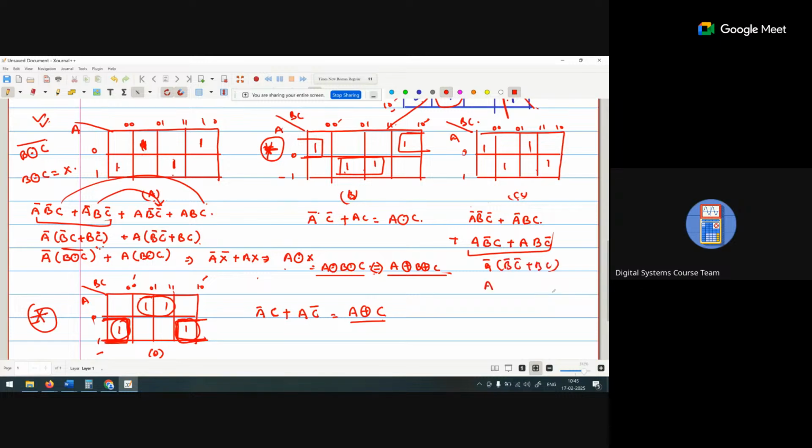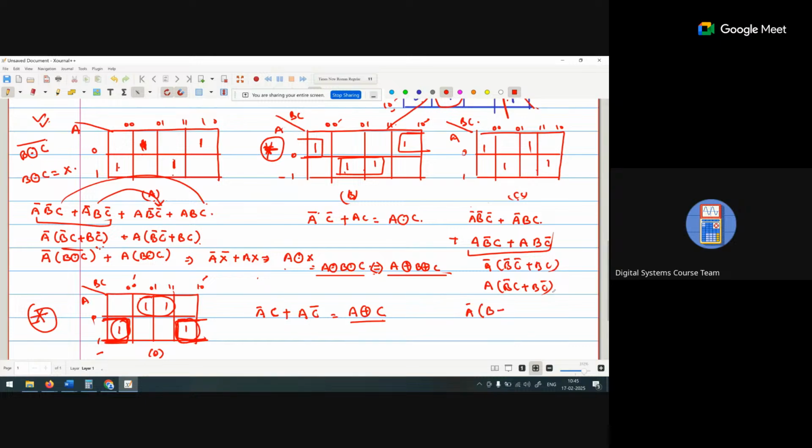And if I take A as common, it becomes A (B bar C plus B C bar).